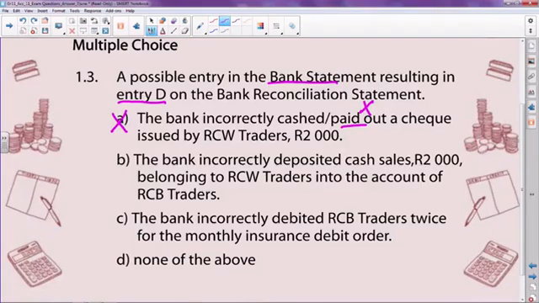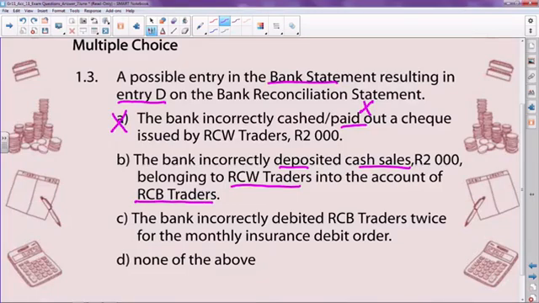Right, let's now look at alternative B. The bank incorrectly deposited cash sales, 2,000 Rand, belonging to RCW traders, so 2,000 Rand belonging to another business, into the account of RCB traders.